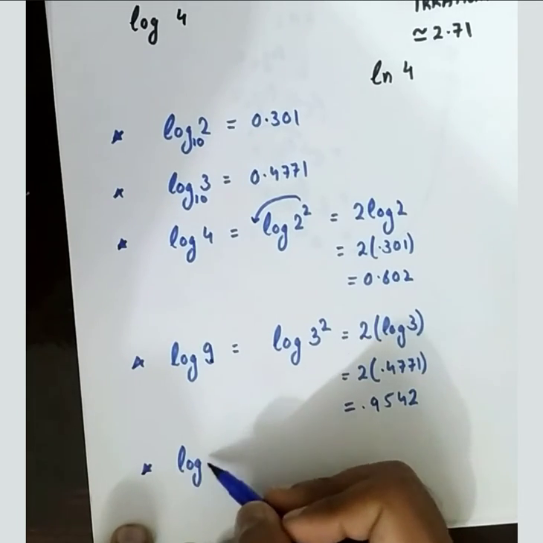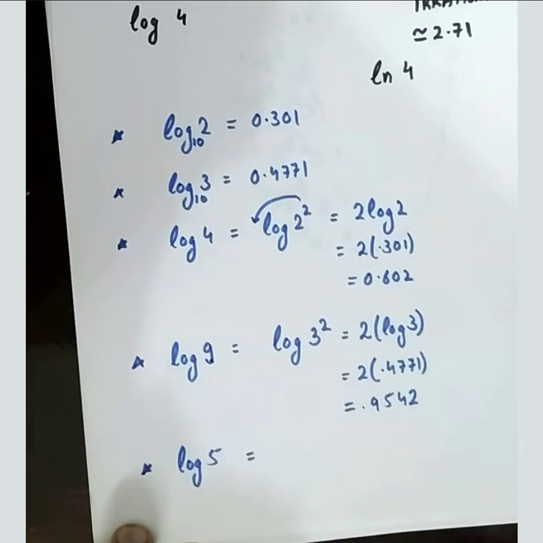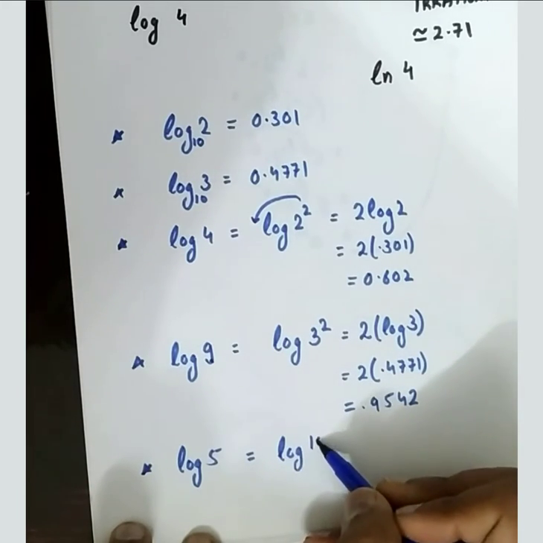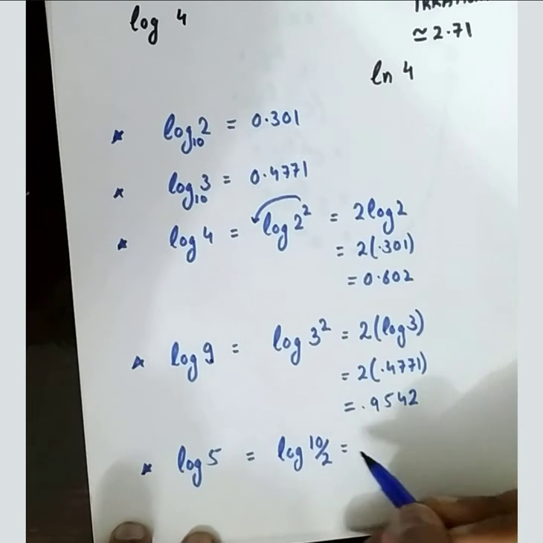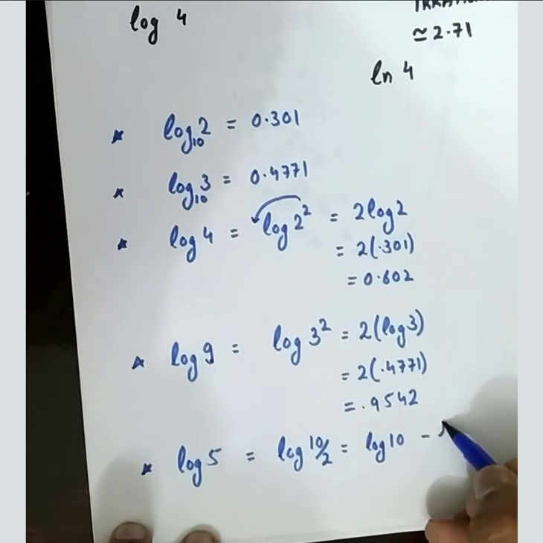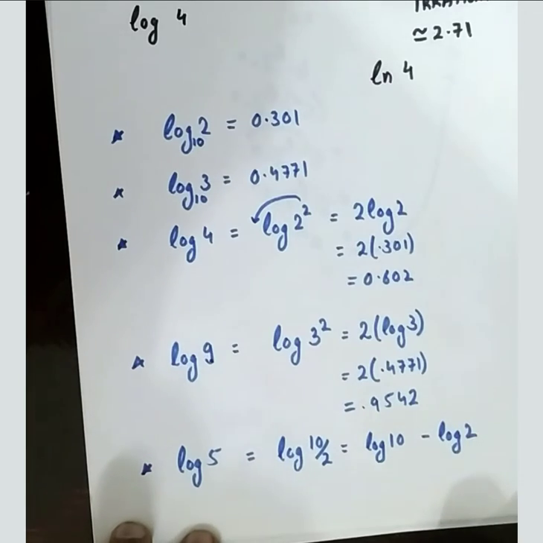Now if you're done till here, I want you to apply some brain and calculate the value of log 5. So if you have got it, fine. If not, guys, think, why not write down log 5 as log 10 upon 2 and apply the property of log 10 minus log 2, the m minus n property.